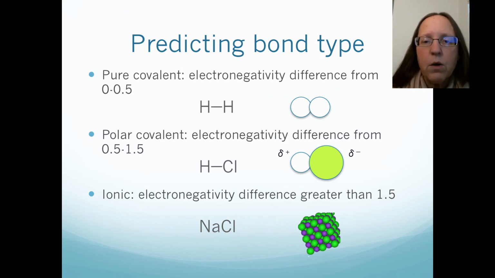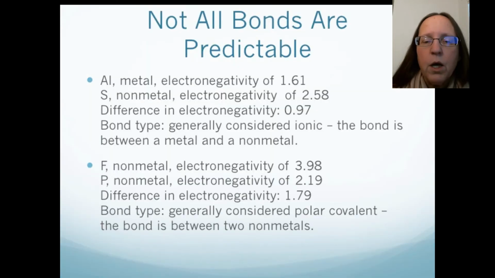Note, however, that there are some bonds that fall in a gray area. For example, aluminum has an electronegativity of about 1.5, and sulfur has an electronegativity of about 2.5. So the difference is in the polar covalent range. But aluminum sulfide is considered an ionic compound. It has a crystalline structure and a very high melting point.